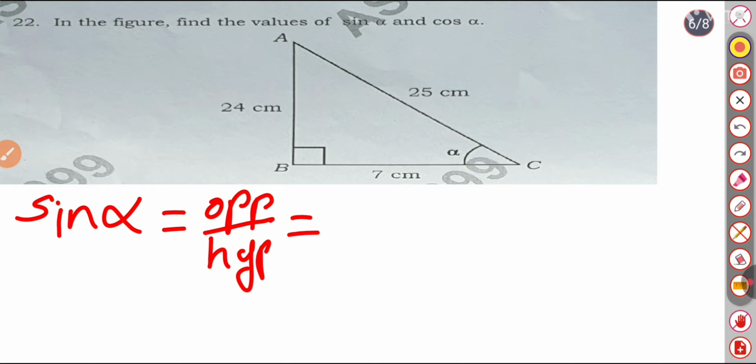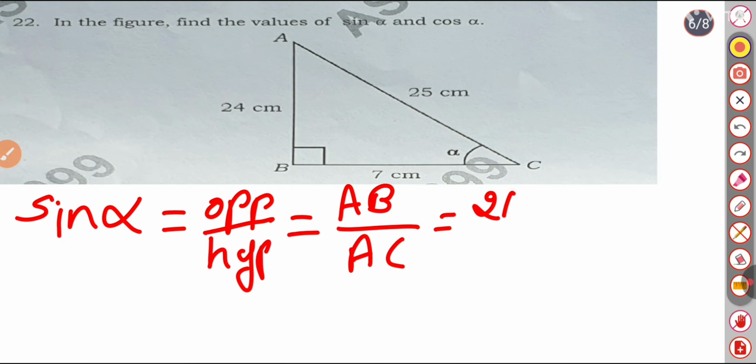For alpha, opposite is AB and hypotenuse is AC. Opposite is 24 and hypotenuse is 25. So sin alpha is 24 by 25.